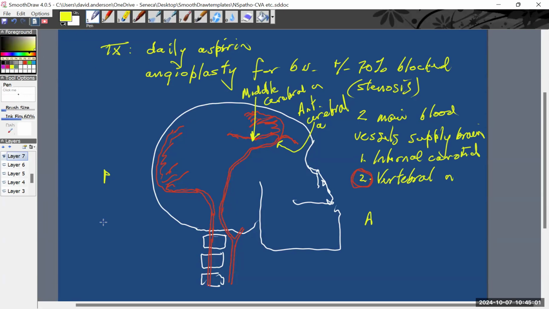We would have the posterior cerebral artery, we would have an occipital artery, and we would have the basilar, and that's the joining of the right and left vertebral arteries.